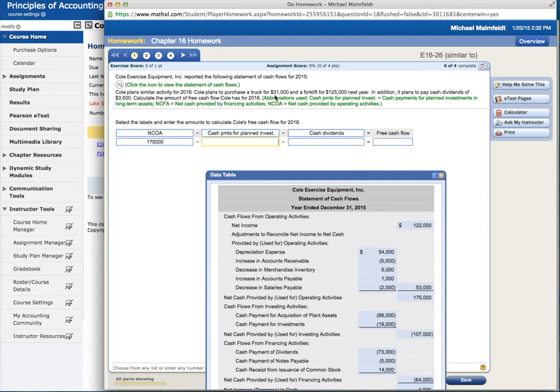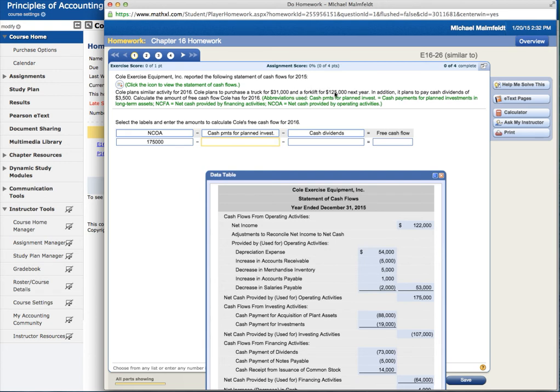Obviously, if this said Coal plans to purchase a truck on accounts payable or on a note payable for this amount, then this would not be a cash payment. But since there's nothing that suggests that cash is not being used for this purchase, we will assume that both of these purchases are being made with cash.